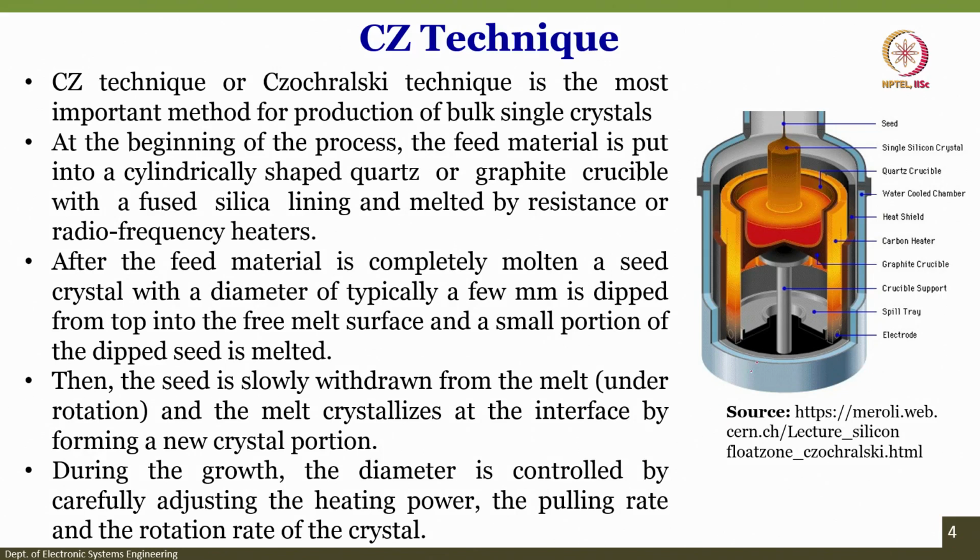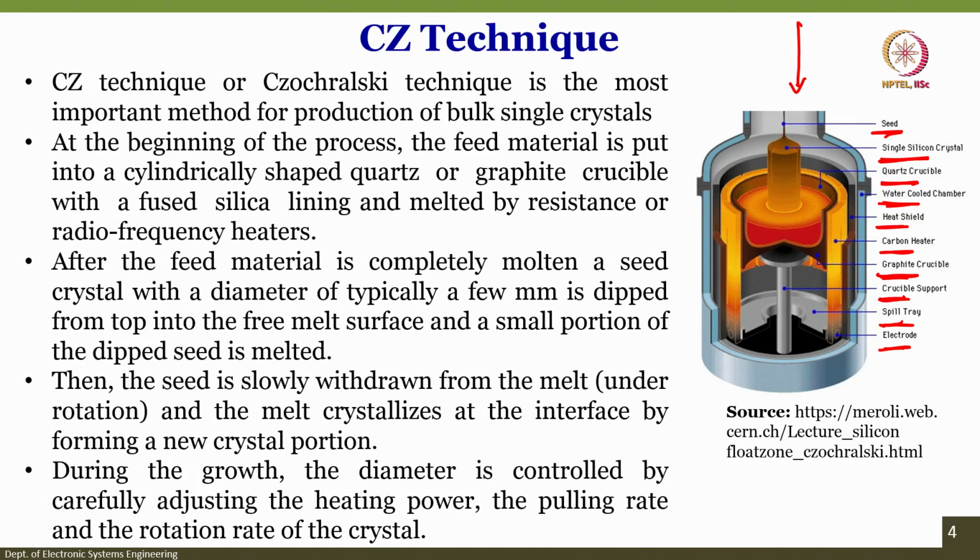This is one schematic of the system where you have the electrodes at the bottom, then a spill tray, crucible support, graphite crucible, carbon heater, heat shield, water cooled chamber, quartz crucible, silicon single crystal and seed crystal. So, you keep on heating this silicon, and depending on the seed crystal, the rotation happens. I will show it to you how exactly this works.